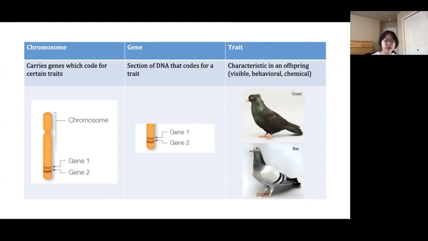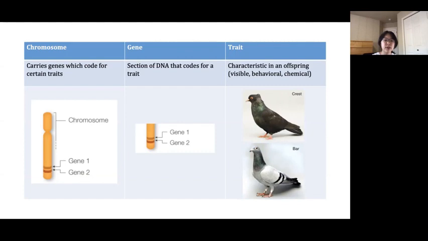Okay, well, if you guys don't remember, the analogy was that DNA was the building blocks or instruction manual of an organism. Chromosomes are basically stacks of DNA. They are a lot of DNA piled together. They are stacks of DNA, but they also carry genes, which code for certain traits.